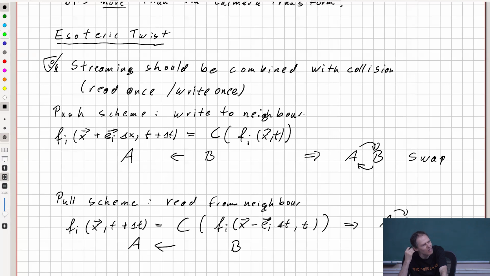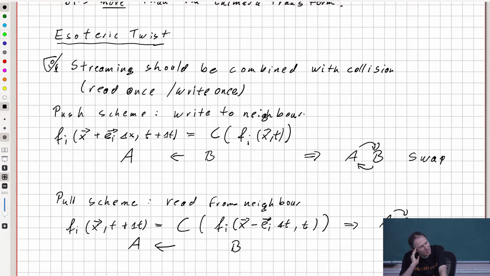Question: what is better, pull or push? Who is for pull? Who is for push? Okay, not too many have an opinion about this. It may depend on your hardware. That's the short answer.